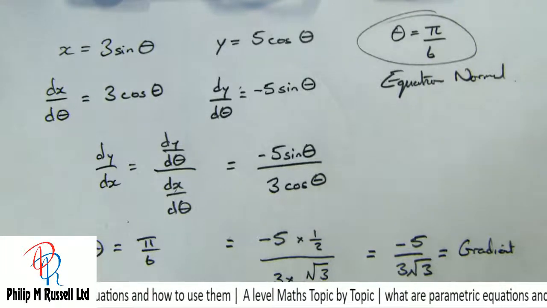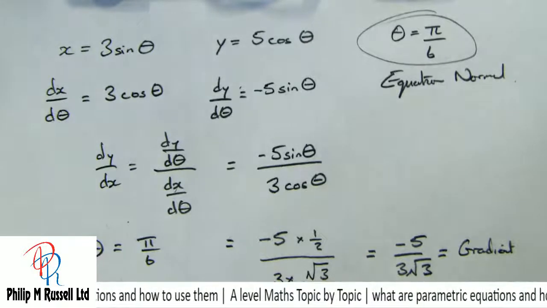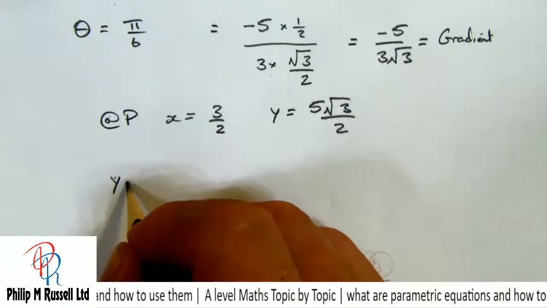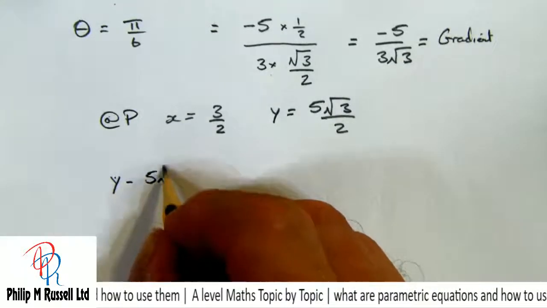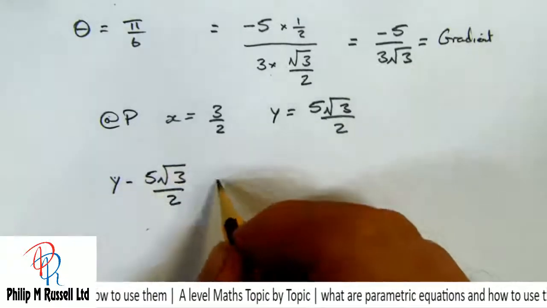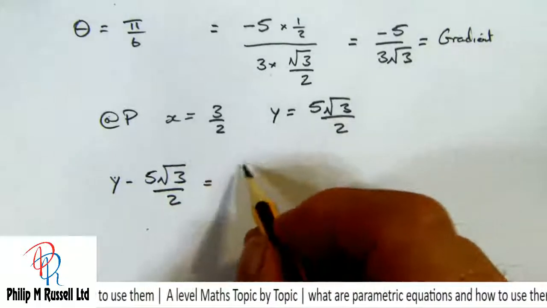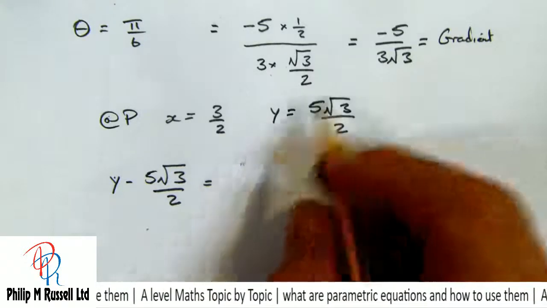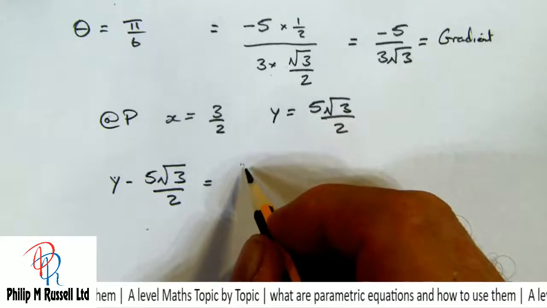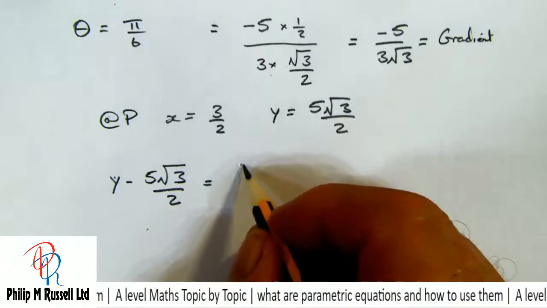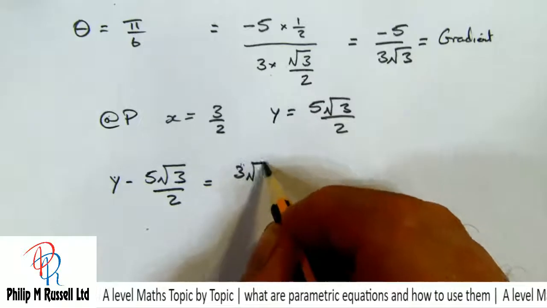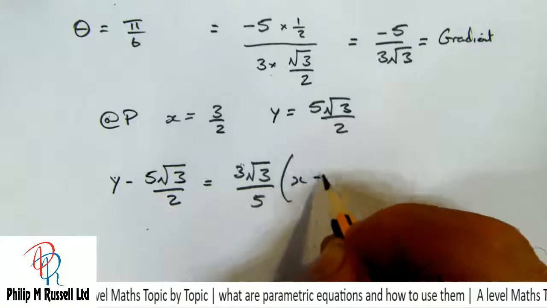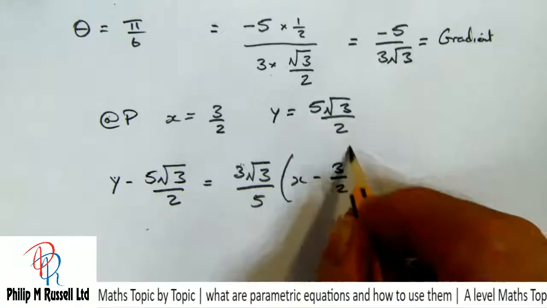So our equation for our normal is going to be y minus 5 root 3 over 2 equals my gradient, which for the normal is going to be the negative reciprocal, which is 3 root 3 over 5 times x minus 3 over 2.